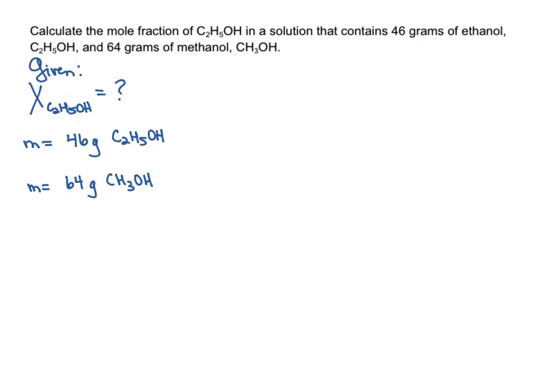And they're asking for mole fraction, mole meaning I've got to have my units in mole. So I'm going to start converting right off the bat here. So 46 grams of ethanol on top, grams of ethanol on the bottom, and I can get that from the periodic table, is equal to 1 mole of ethanol.